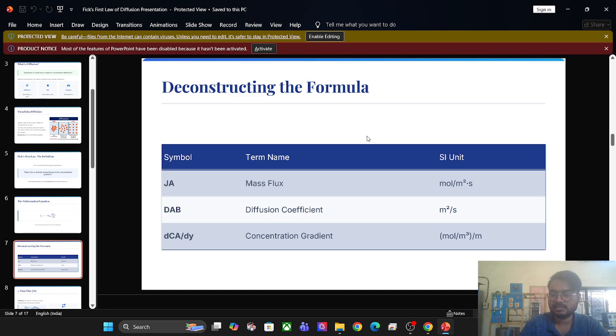Here are the SI units: mole per meter square per second for mass flux, meter square per second for the diffusion coefficient, and mole per meter cube per meter for the concentration gradient.